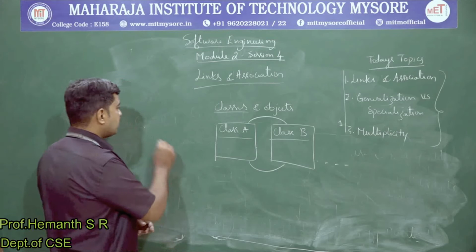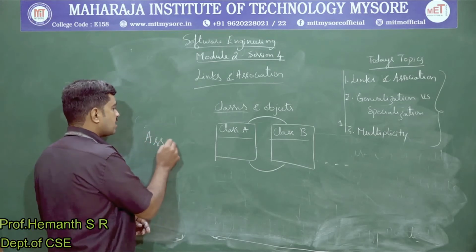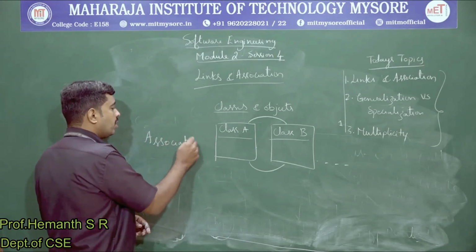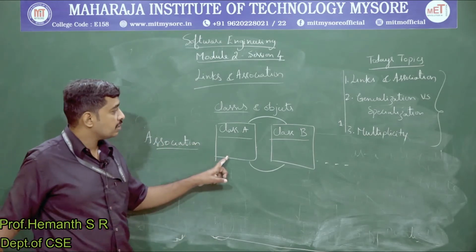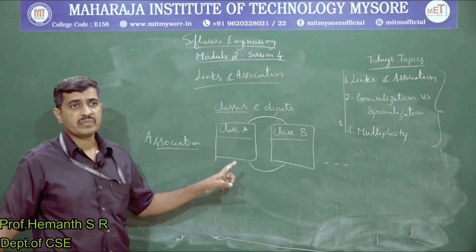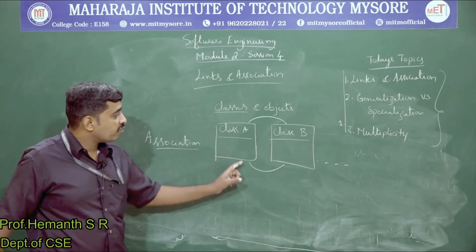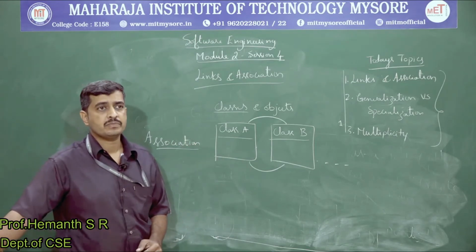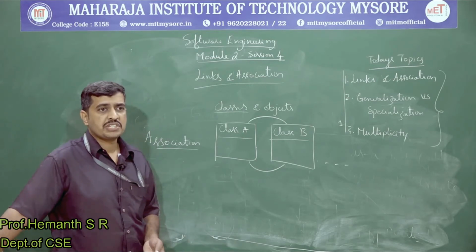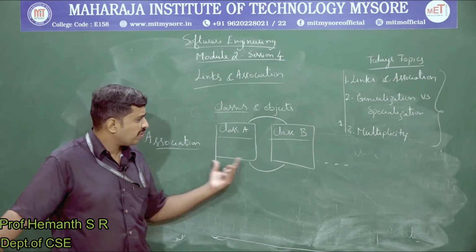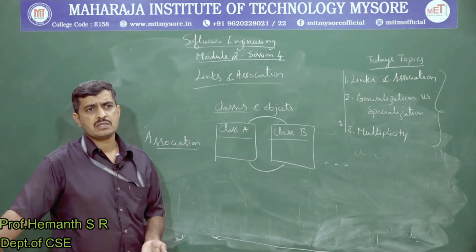That is represented using what we call association. So association is how a class which is part of the design is interacting with a different class. Typically we will have 2 or more classes.